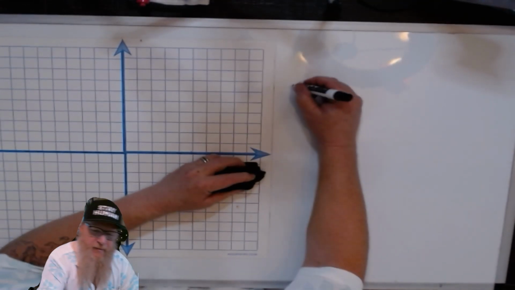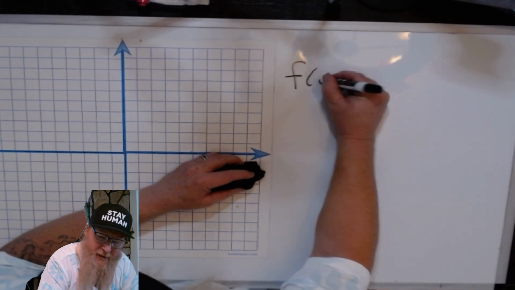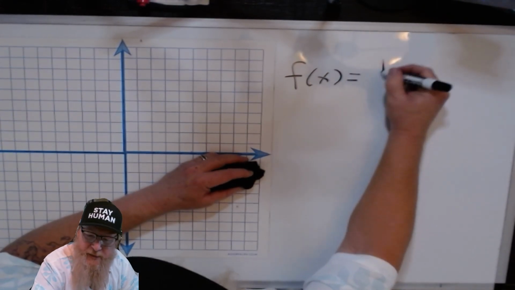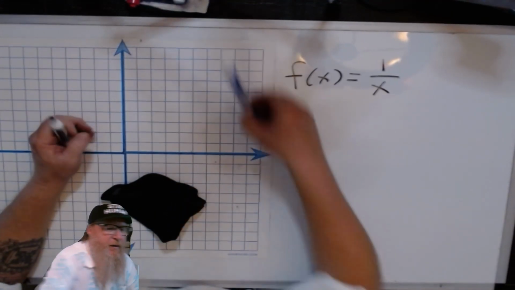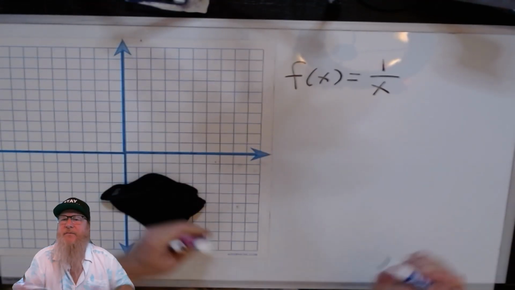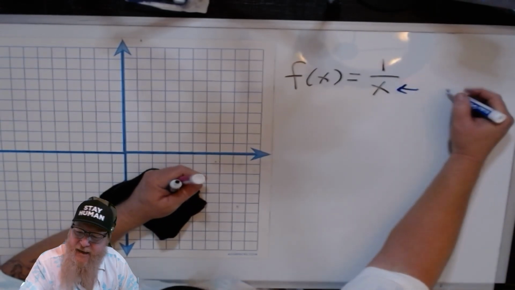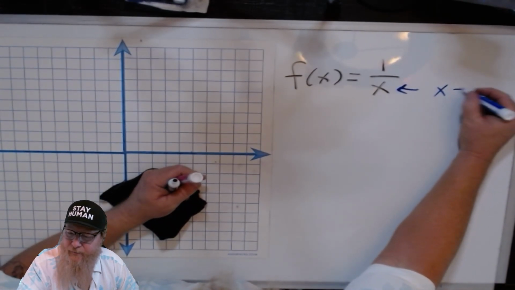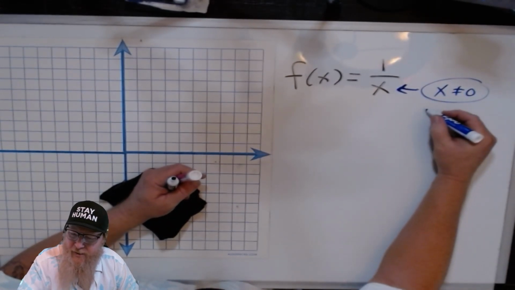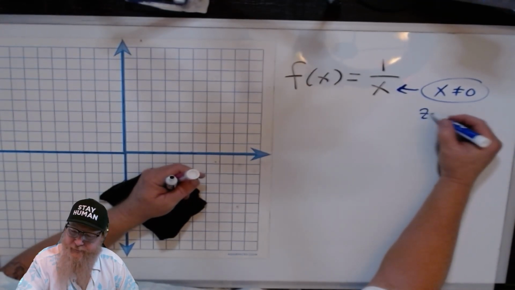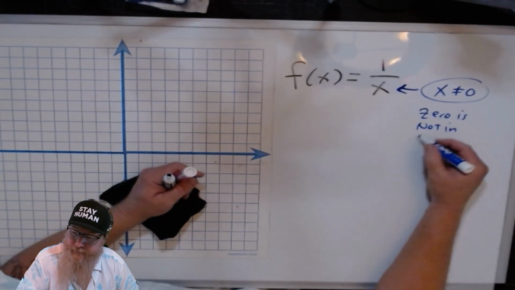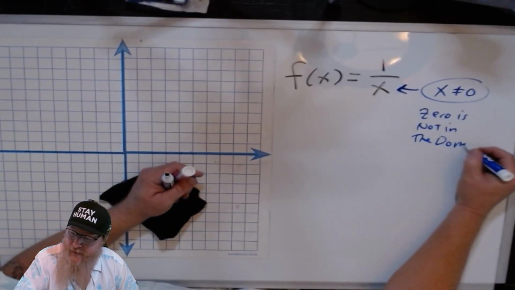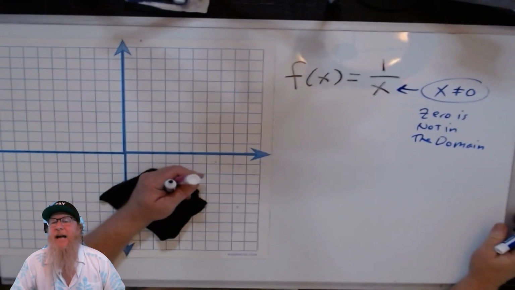Try to draw that. My pen is running out. I have to buy a new pen too for my next lesson. Sort of the classic example of an asymptote. Right. X cannot equal 0. Yeah, 0 is not in the domain. There's a couple different ways to say it.